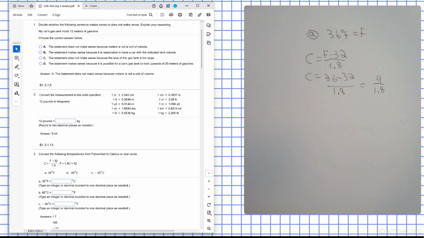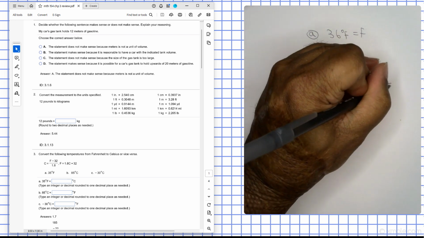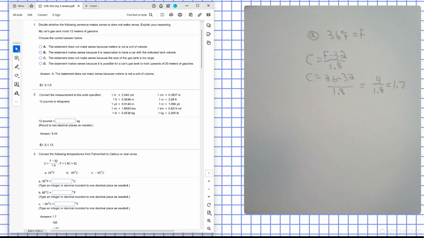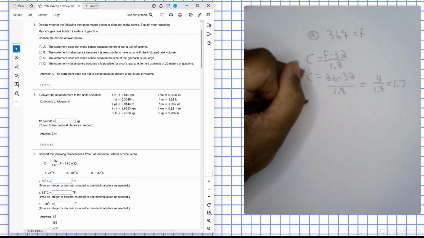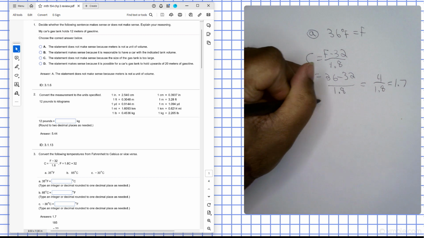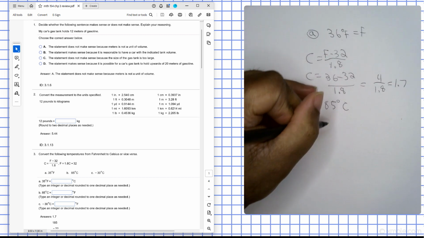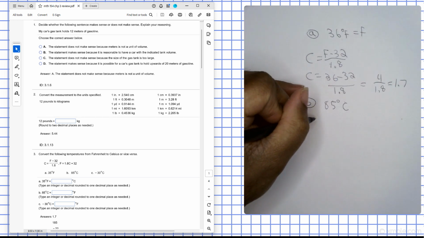We end up with 1.7. Then we use the next one. Our B is 85 degrees Celsius, so they want us to convert that into Fahrenheit.